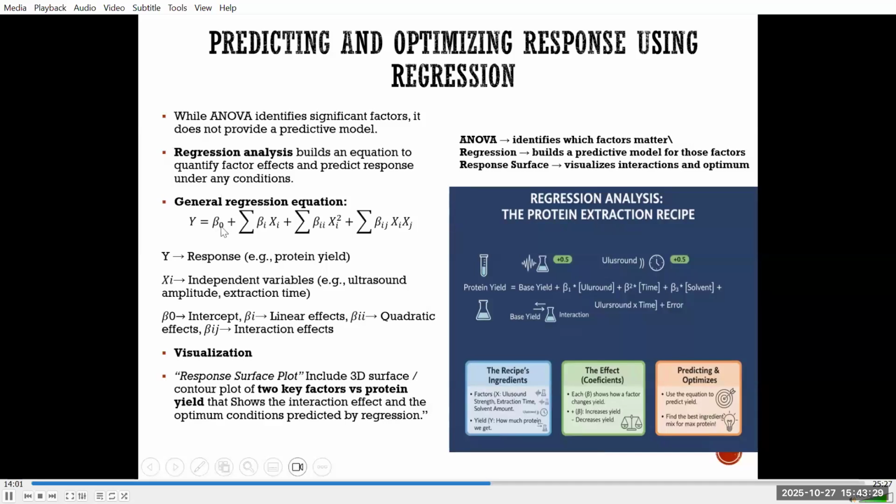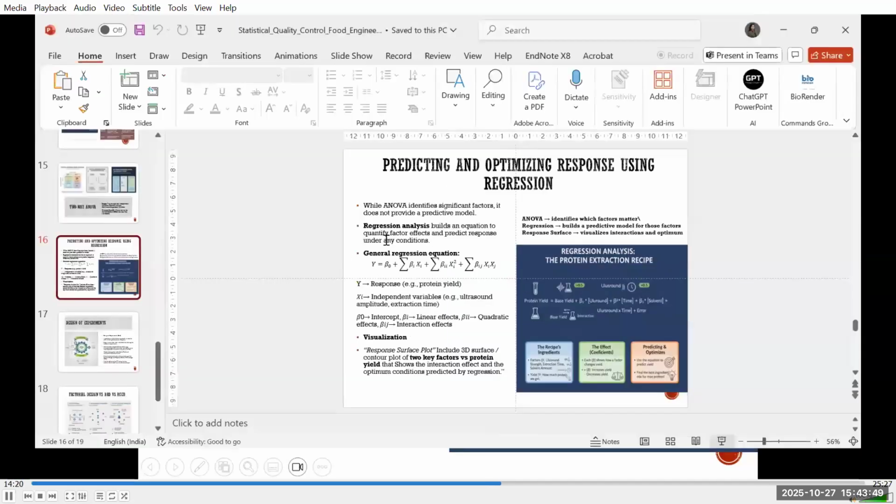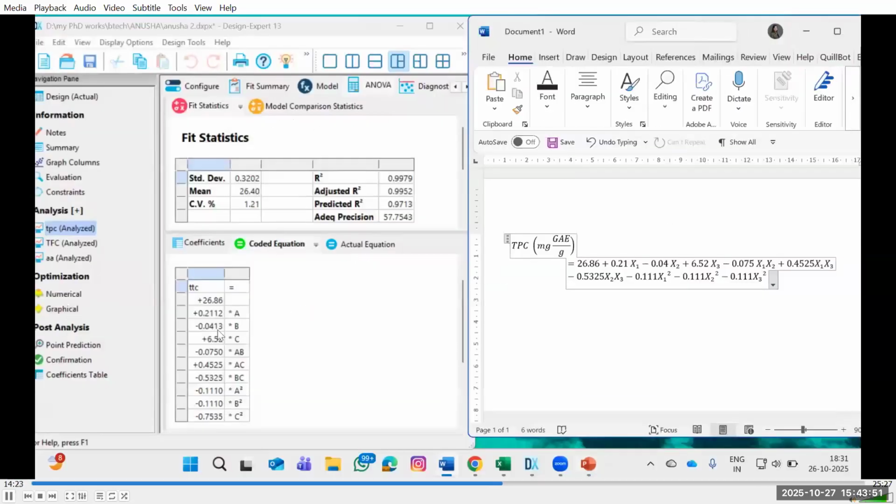Beta naught is the intercept without any independent variable. Bi is the independent variable coefficient, Bii represents the quadratic coefficient, and Bij represents the interactive coefficient. We have to put each numerical value in the respective coefficient place. So 26.86 is to be placed here.